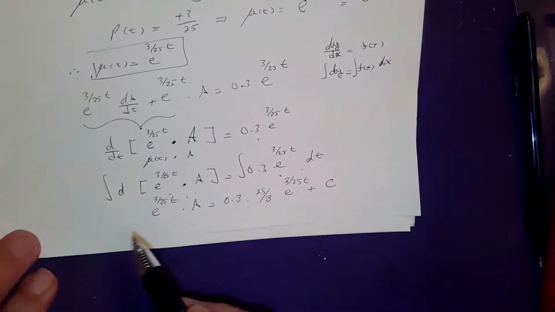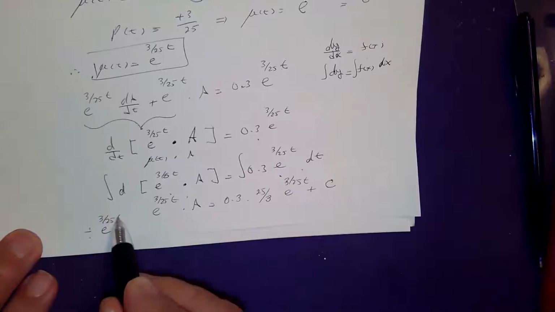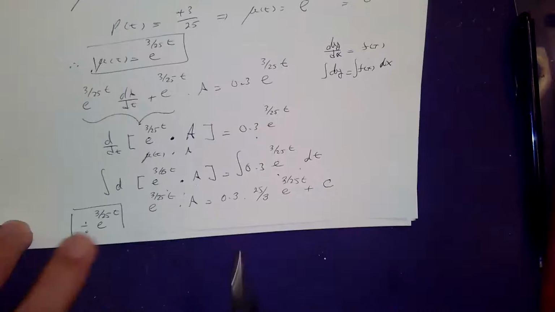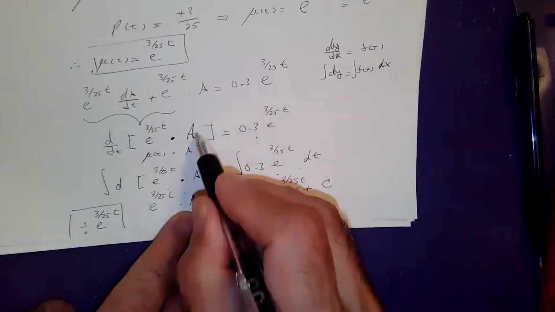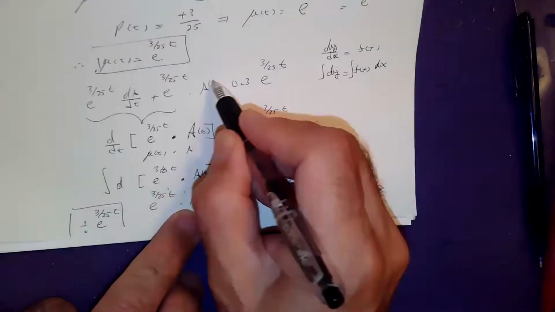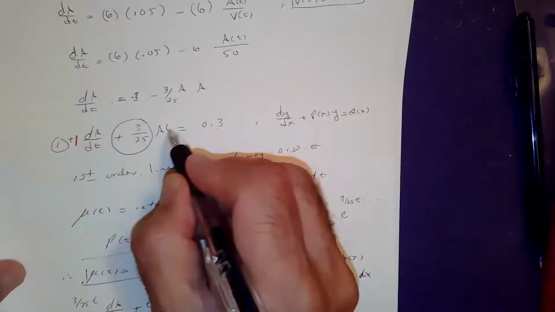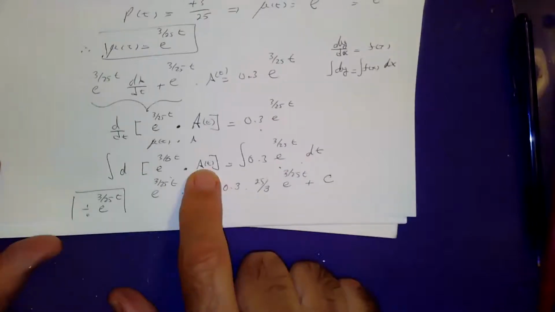Now do me a big favor and divide both sides by e to the power of 3 over 25t. So divide both sides of this equation because you're trying to solve the equation for A of t. So this is A of t, okay? You're trying to find the amount of salt at any given time.